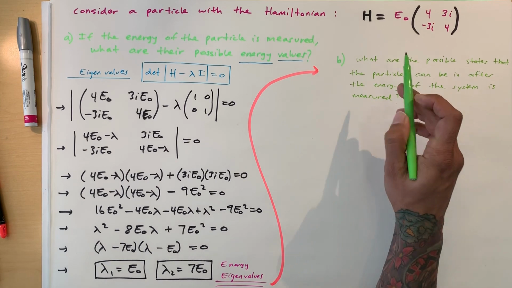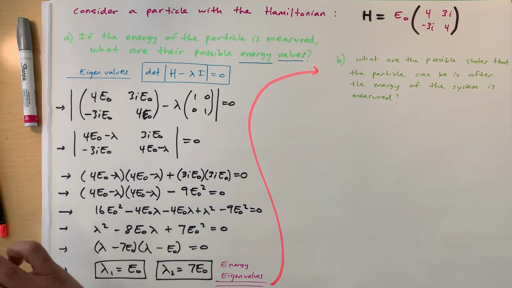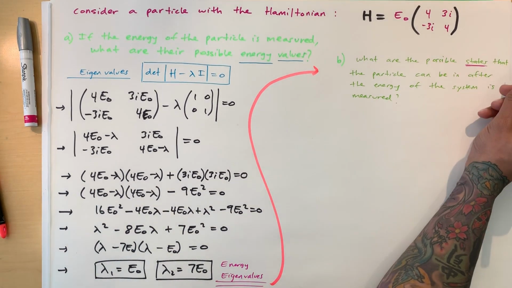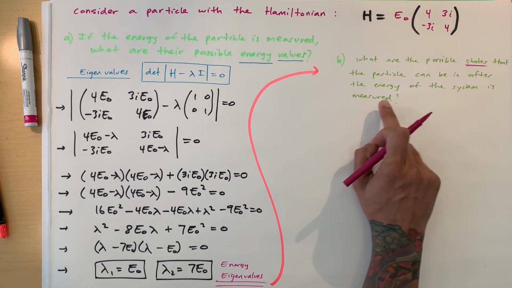Okay, so what are the possible states that the particle can be in, right? So the possible states that the particle can be in after the energy of the system is measured.